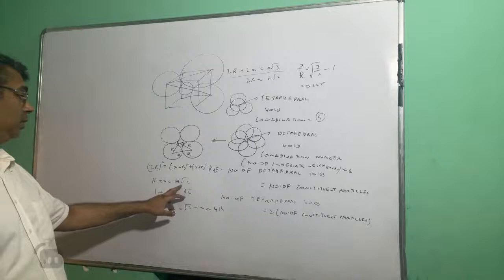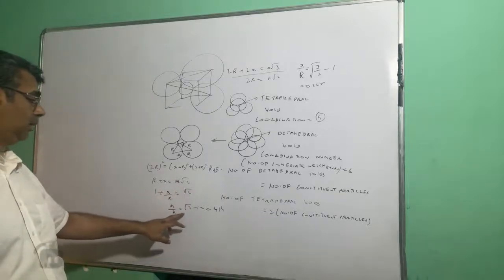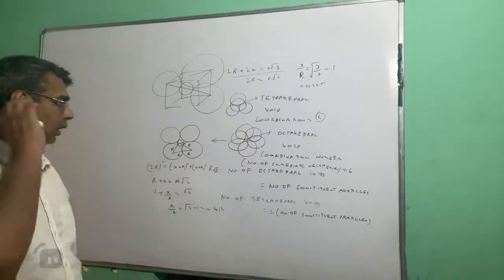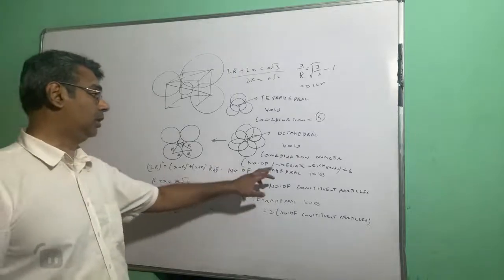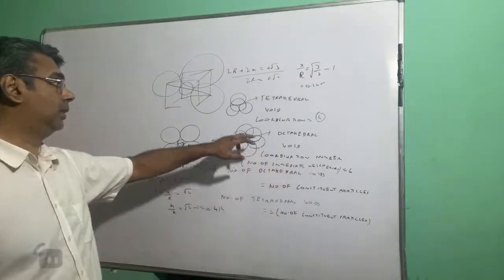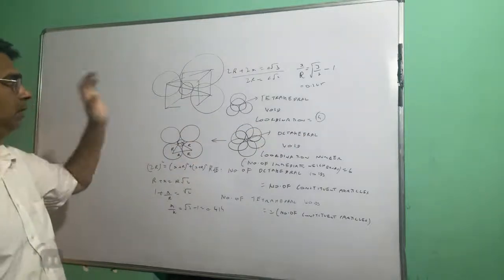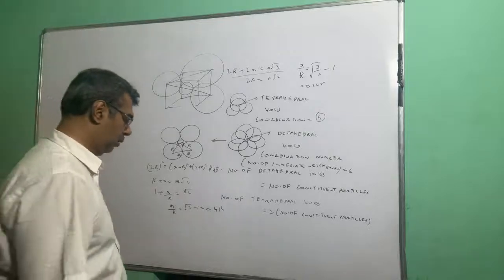So R plus r is R root 2, so 1 plus r by R is root 2, so r by R is root 2 minus 1, which is 0.414. The coordination number for octahedral void is 6, that is the number of immediate neighbors. For tetrahedral it is 4. So these are the details of octahedral and tetrahedral void.